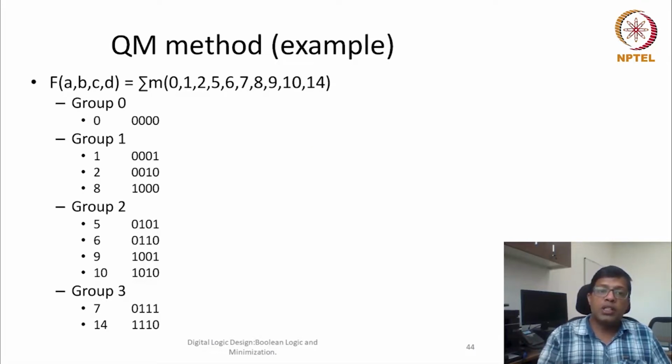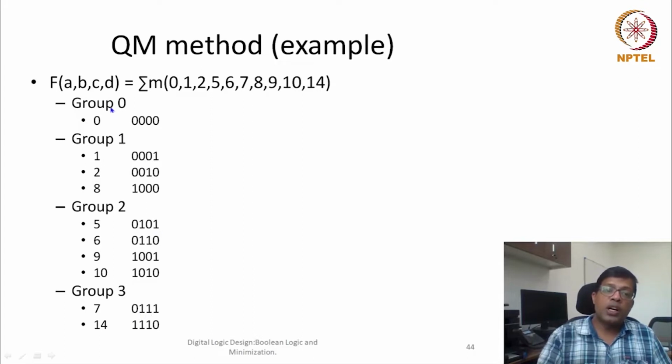For example, 0 will have no 1, so it is group 0. All these min terms, 1, 2 and 8, have a total number of ones of 1. Similarly 5, 6, 9 and 10 all have 2 ones in them. Similarly 7 and 14 have 3 ones in them.